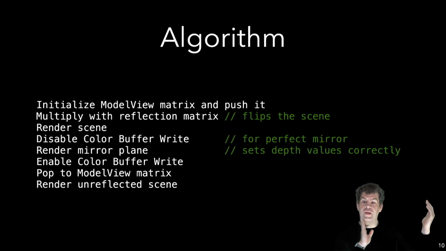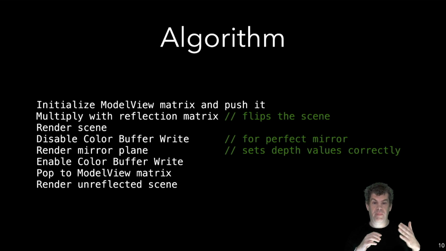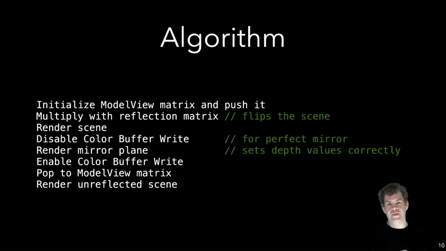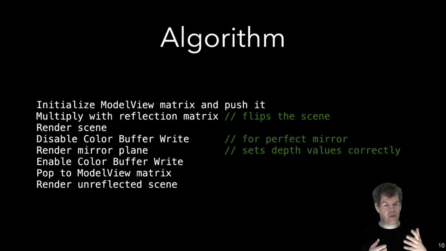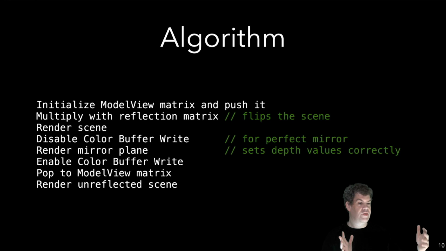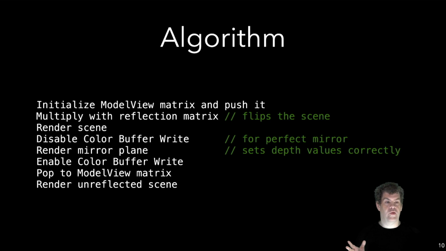And I want to avoid that this gets rendered. So I basically just write the depth footprint of the mirror into the buffer. Then I re-enable the color write and pop the model view matrix, effectively removing the mirror matrix component, and then I render the unreflected scene. That makes sure that nothing of the reflected scene ends up being behind the mirror plane. So, that gets it almost right.